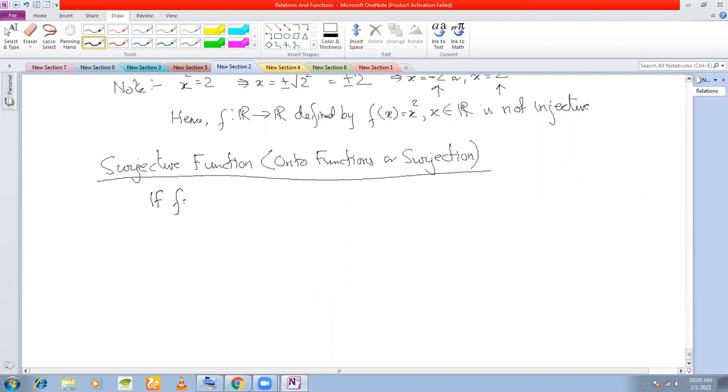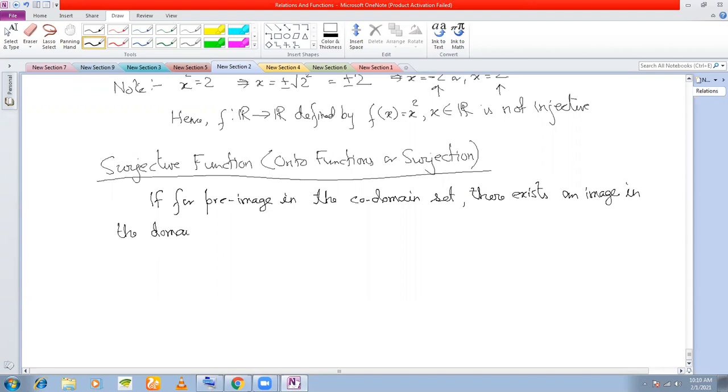If for each pre-image in the codomain set, there exists an image in the domain set, then such a function is called an onto function or surjective function.